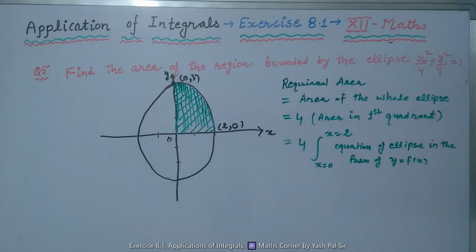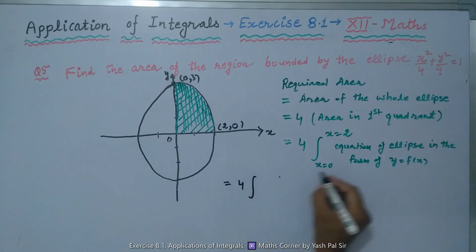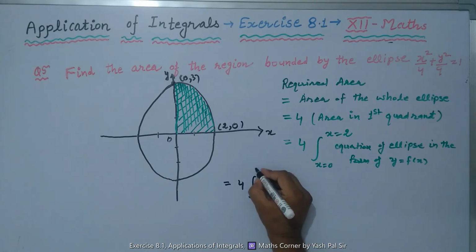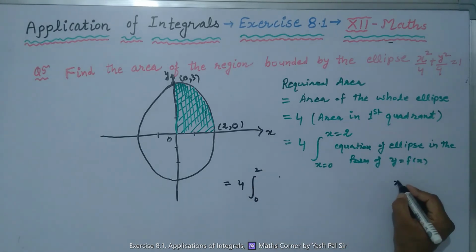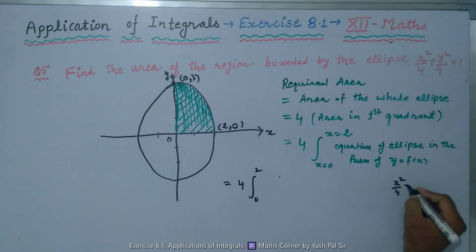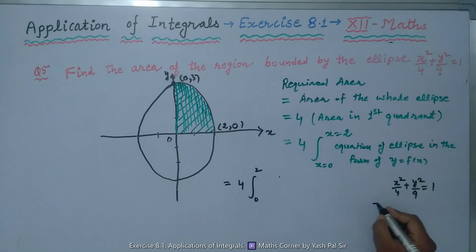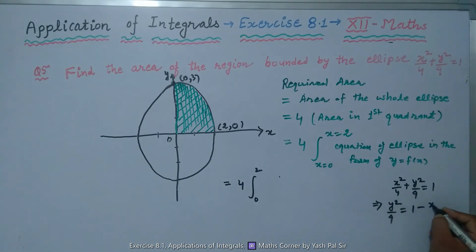So here what we do, this is equal to 4 into x from 0 to 2. The equation of the ellipse is x square upon 4 plus y square upon 9 is equal to 1. So this can be written as y square upon 9 is equal to 1 minus x square upon 4.